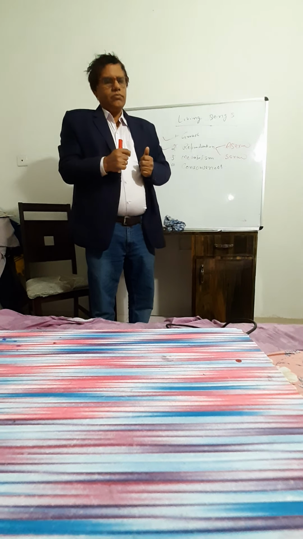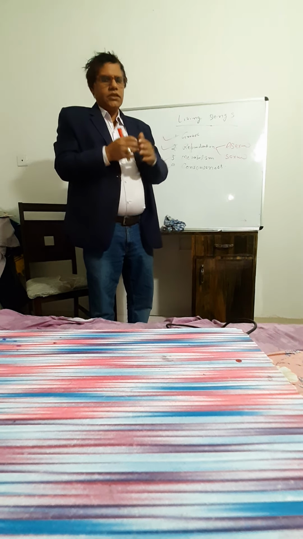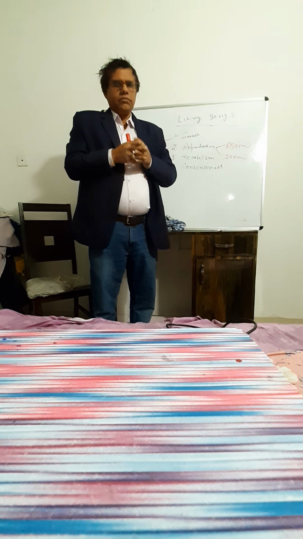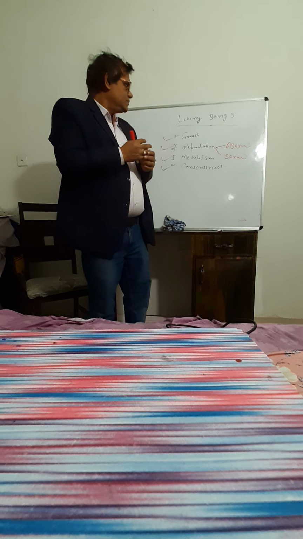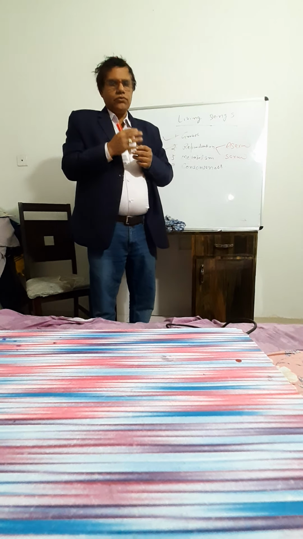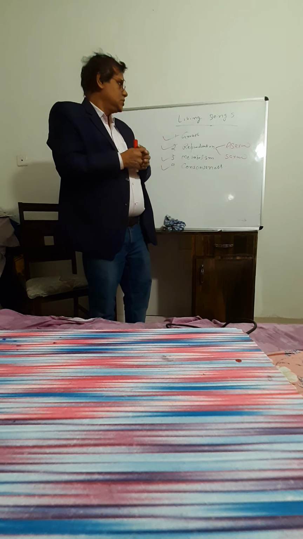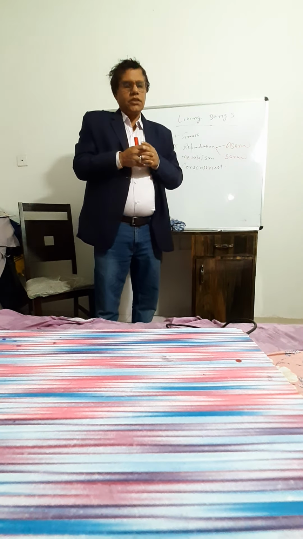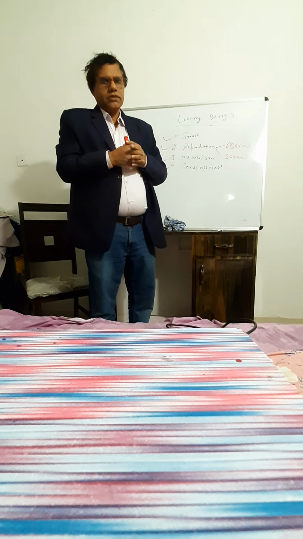But in asexual reproduction, one organism develops into a whole, such as in case of amoeba, that is binary fission, multiple fission. Bacteria, there is one bacterium converting into two bacteria, that is also a binary fission. Fragmentation, such as in moss, protonema, there is a fragmentation that takes place.